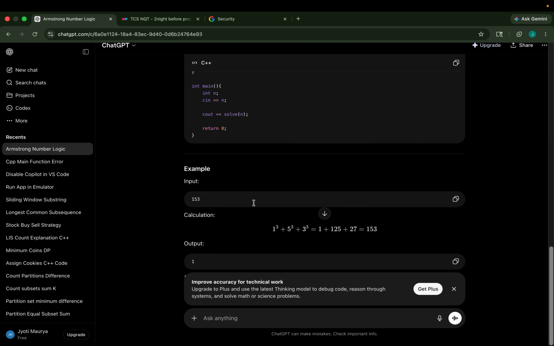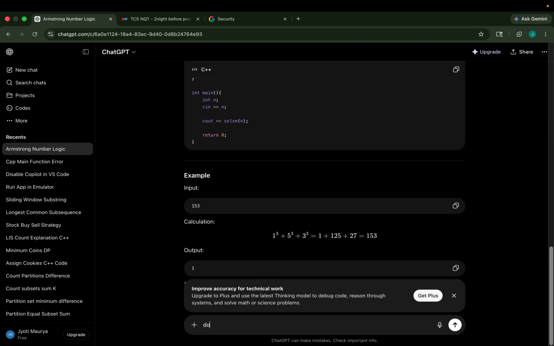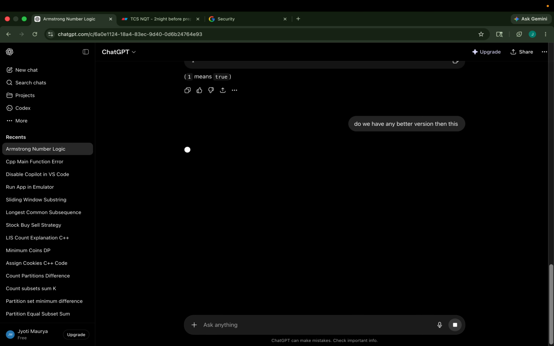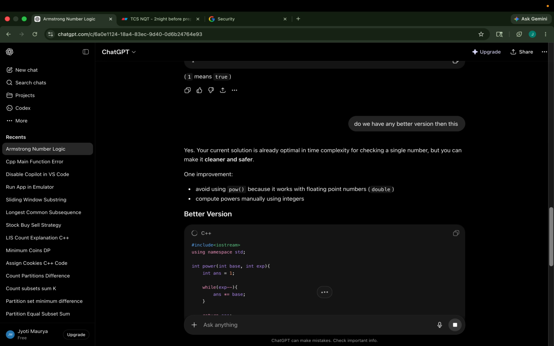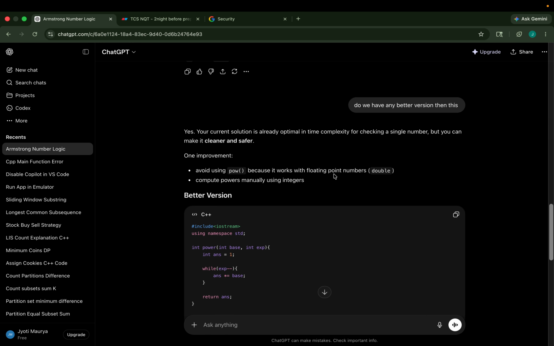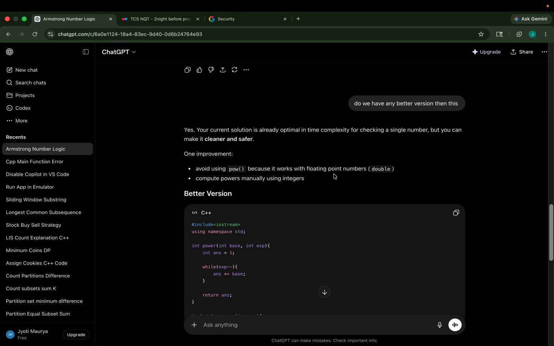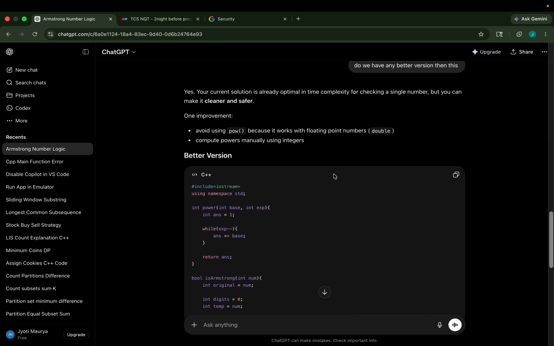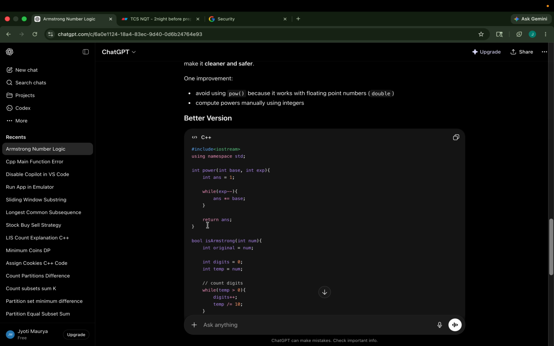Good. Do we have any better version than this? Because that must be. I don't think people use this restoring thing. Avoid pow because it works with floating numbers. Compute powers manually using integers. Okay.